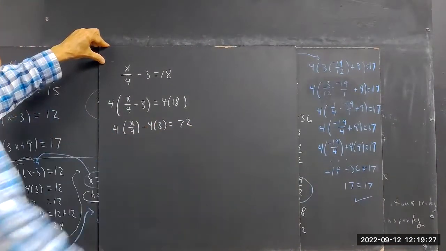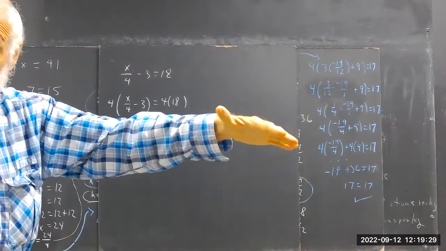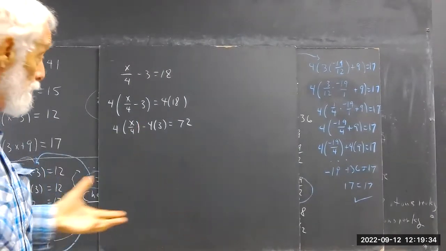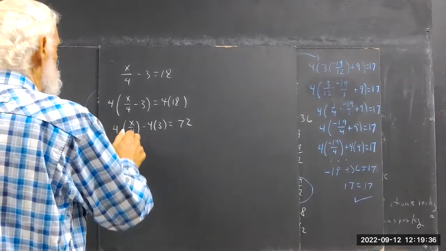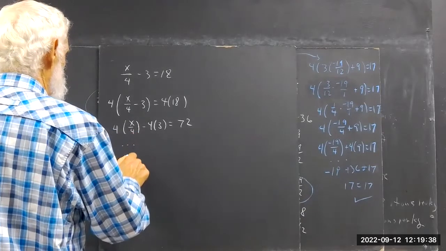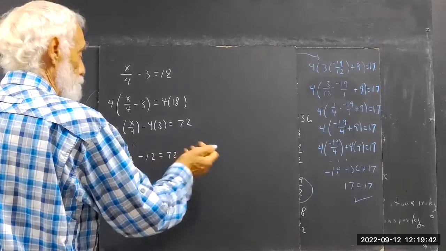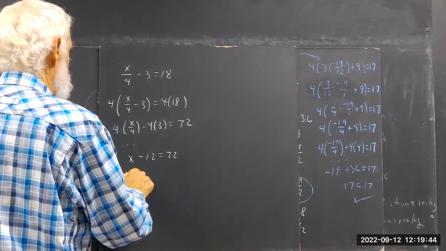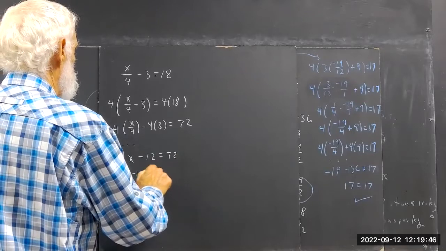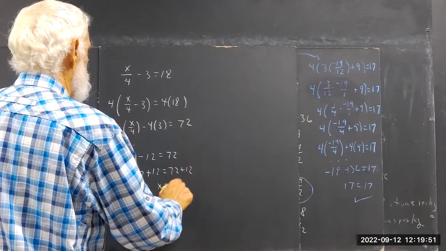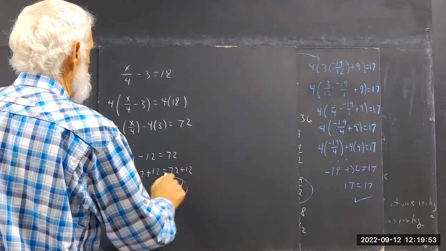The equation is still balanced. I multiplied everything in the equation by 4, so everything is just 4 times as big. If it's balanced, it stays balanced. 4 times x over 4 is just x, minus 12 equals 72. And the rest is just straightforward. x minus 12 plus 12 equals 72 plus 12. x equals 84.